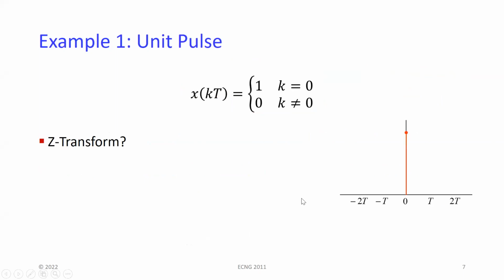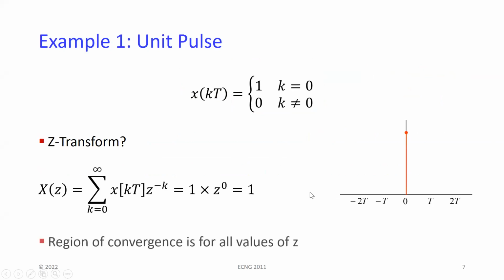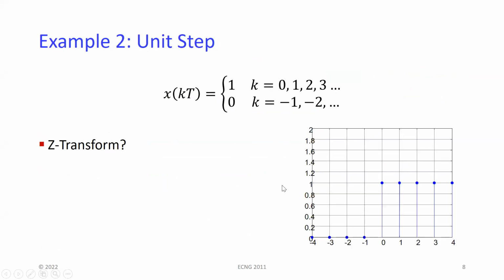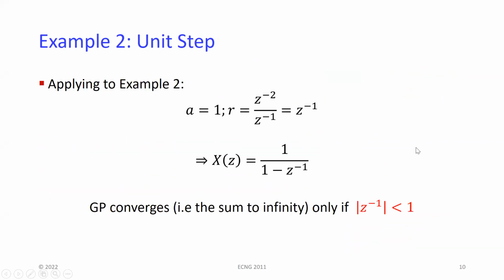We did the Z transform of the unit pulse, which is 1. We did the Z transform of the discrete unit step, which was 1 over 1 minus Z to the minus 1. Then we did a little manipulation to find out when this series converges. We drew on some knowledge from your AdMaths and calculus days that this will only have a sum to infinity if the common ratio is less than 1.